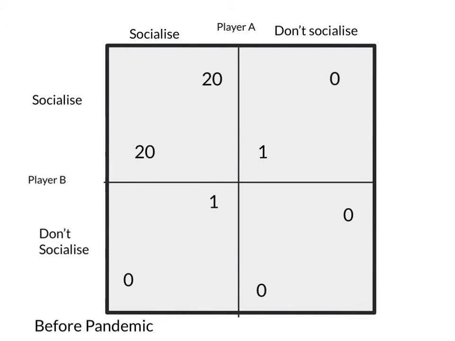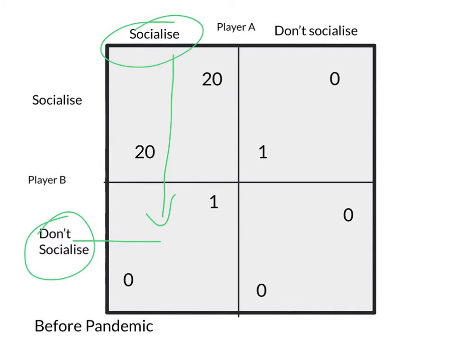But now suppose that player B chooses not to socialise, but player A still chooses to socialise. Then we're going to be in this left-hand column still where A socialises, but we're now going to be in the bottom row because B chooses not to socialise. B gets a payoff of 0 and A gets a payoff of 1 now.